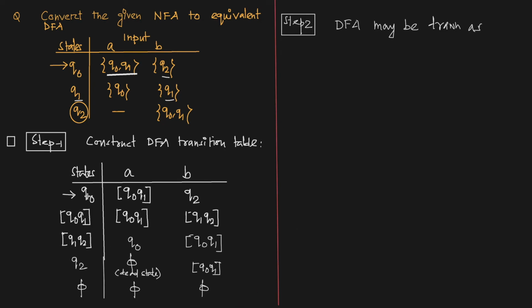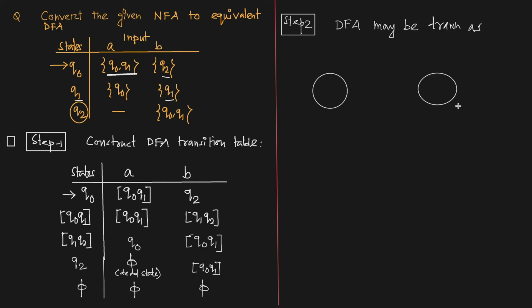What are the states? Q0, Q0 Q1, Q1 Q2, Q2, and phi, where phi is the dead state. So here we have five states.